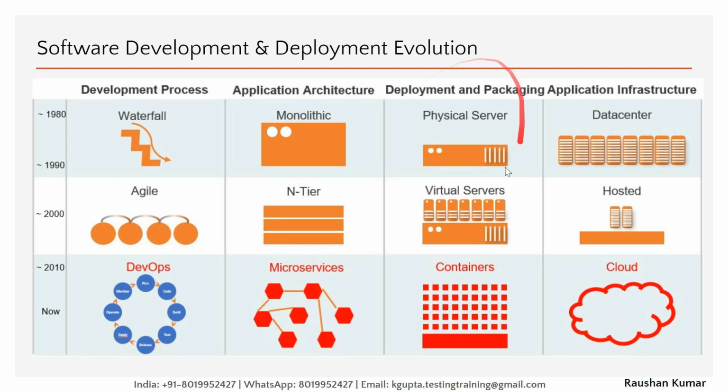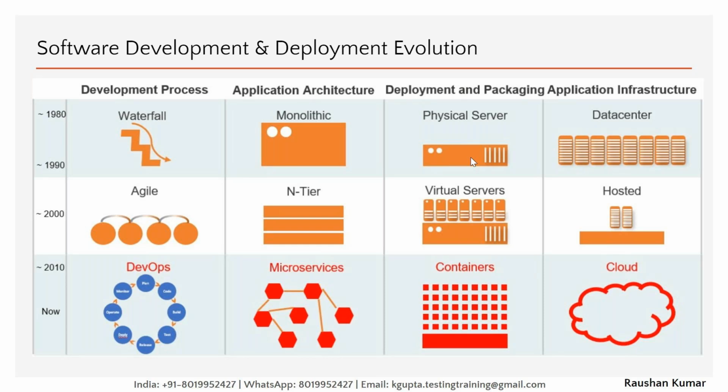Okay, that's about microservices. Now we have the physical server on this deployment phase. Earlier we had big physical servers where we used to deploy everything. Back then there was no concept of VMs. It was all physical servers that we had.